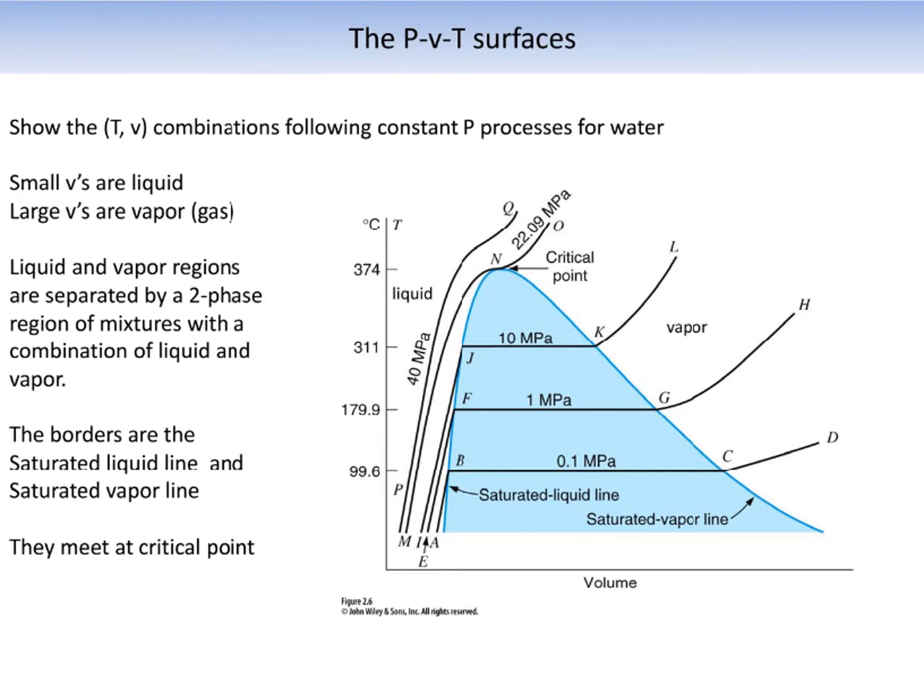Volume will nearly remain constant, and this can be seen over here: only a slight change in volume occurs during this initial phase, when the water is being heated from room temperature to the boiling point.